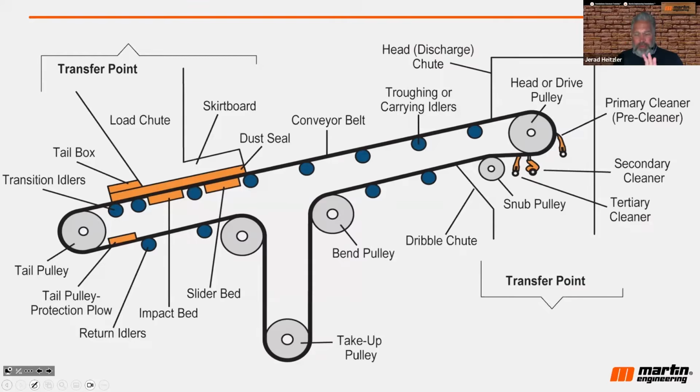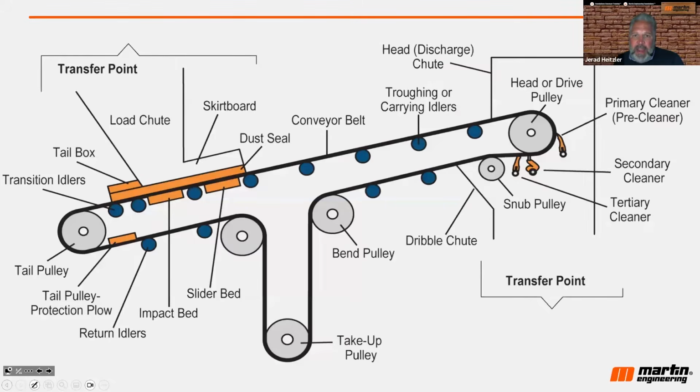So those pulleys, the head pulley, the tail pulley, the bend pulleys, take-up pulleys if they're found, and a snub pulley if they exist, are what we call terminal pulleys. We mentioned that earlier when we talked about some of the basic componentry. It's critical that these terminal pulleys all be aligned. The example that we have on the screen is a complex conveyor in that it has bend pulleys, take-up pulleys, and snub pulleys.